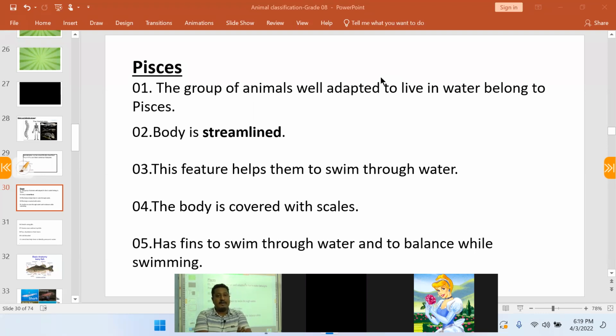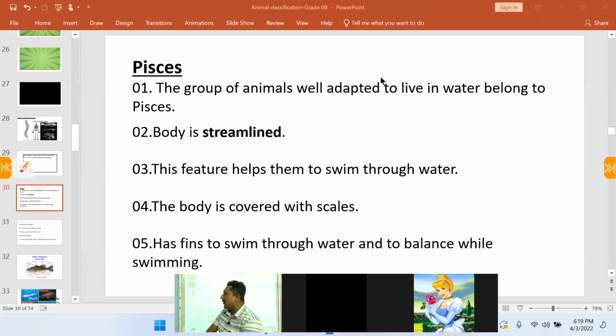Why? They have gills, not lungs. So they can get oxygen dissolved in water. They can't get atmospheric oxygen like us. So they are well adapted to live in water. What are the adaptations that they have?